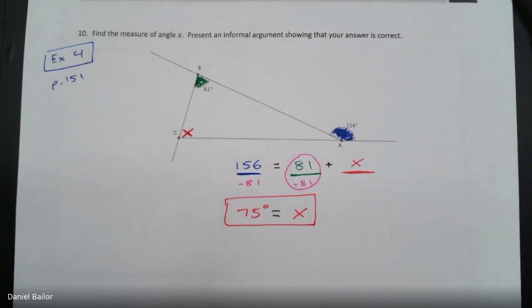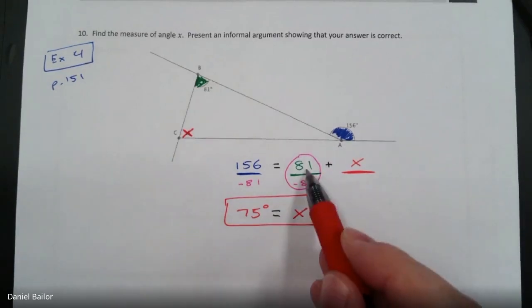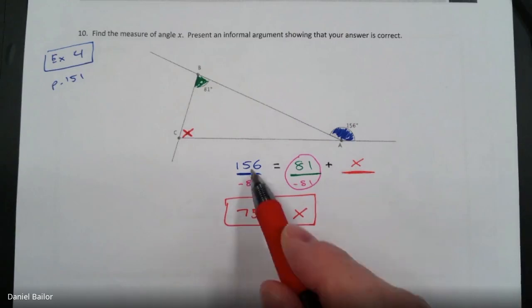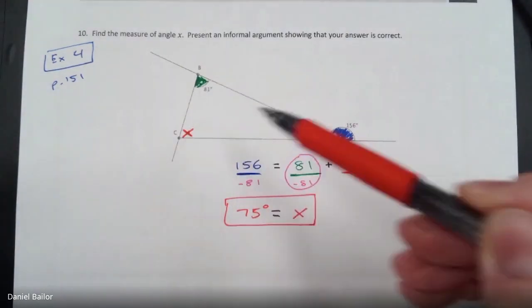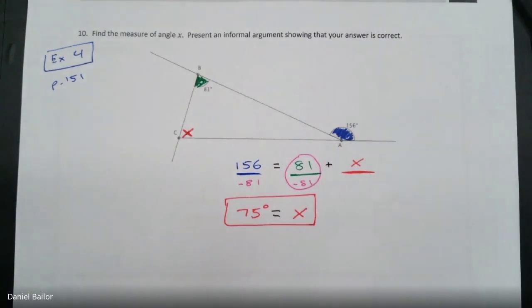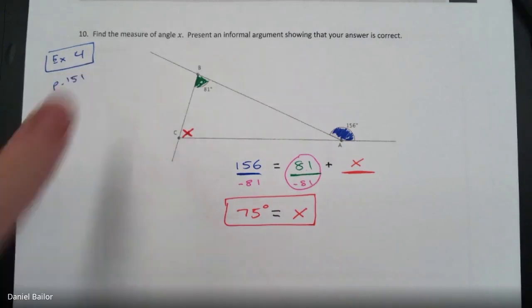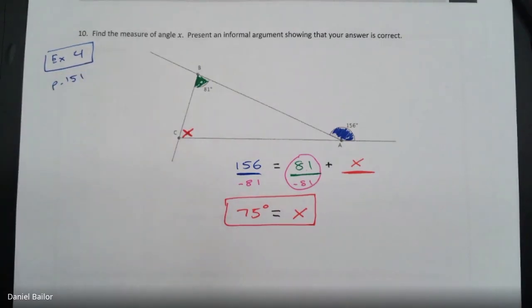And that's what you do, because 81 plus 75 makes 156. 81 plus 75 makes the exterior 156. That is some practice using our 4 examples. So if you can get all the way through those exercises using the examples, you're doing pretty well, and you might be ready for the problem set and the exit ticket.